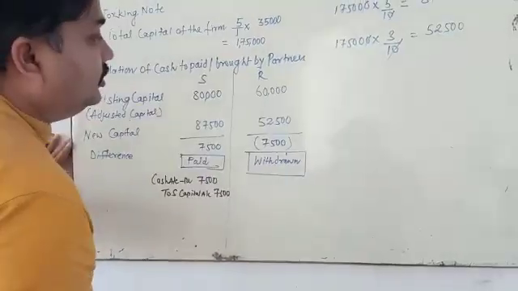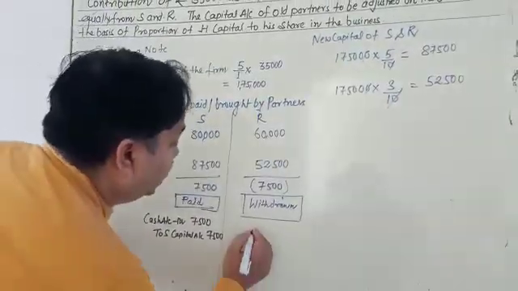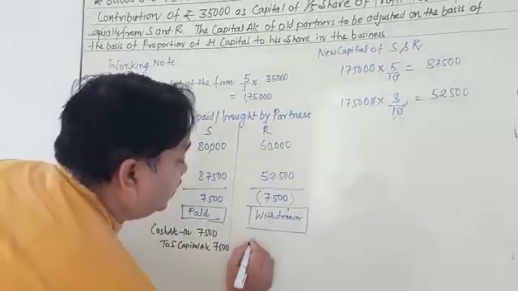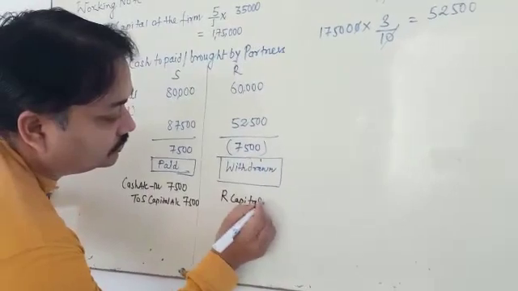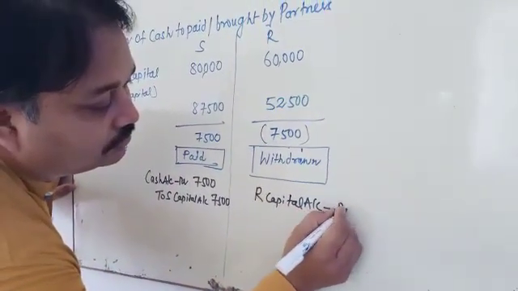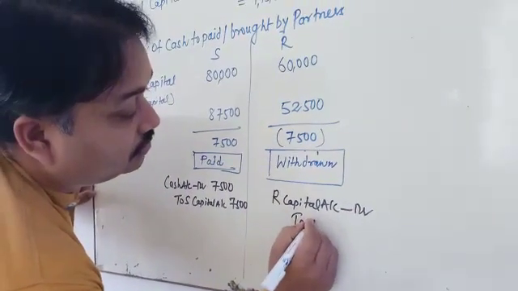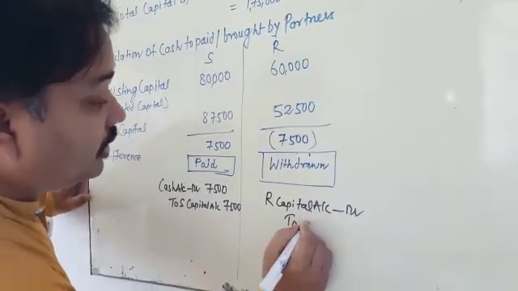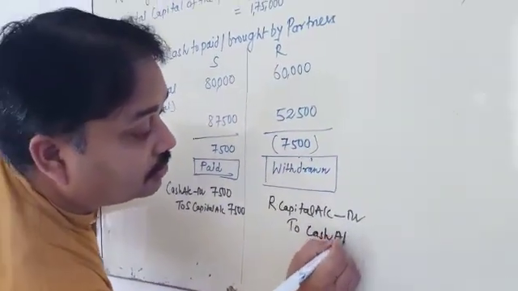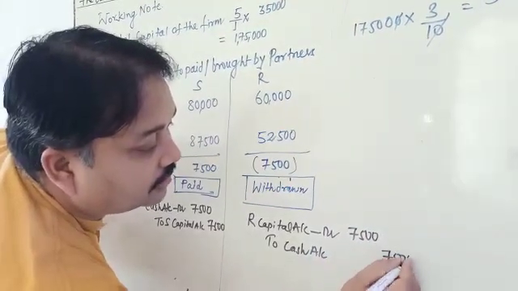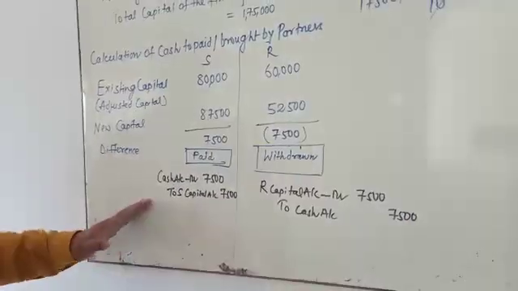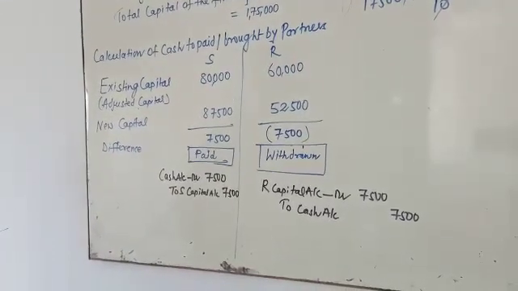What amount is he going to withdraw? 7,500. So you just put the journal entry: R capital account debited to cash account. You can also write bank account, 7,500. My dear student, this is the journal entry and you have to calculate this also.